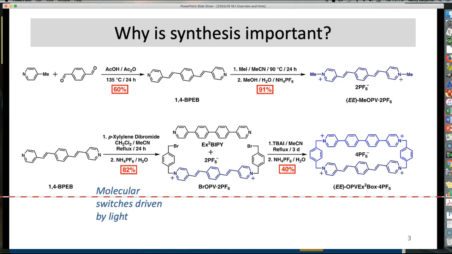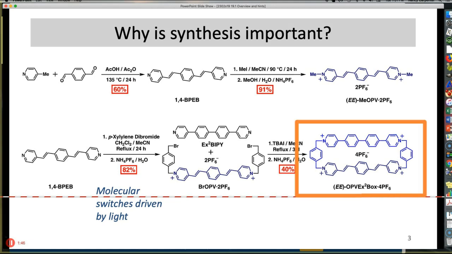Then there's this crazy mess. The synthetic target that we're focusing in on is this crazy thing down here. Quite wild. But if you look at it, you'll see there are two double bonds here.